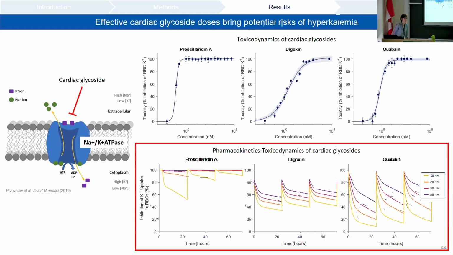Sorry, how is toxicity measured? I think they measured it by looking at the concentration of potassium inside and outside the cell as you apply a certain dose of the cardiac glycoside. The more potassium uptake it's blocking, the more toxic it becomes. What I worry about is that you're targeting the bone marrow, but then you're affecting the heart, you're affecting everything, particularly the heart.